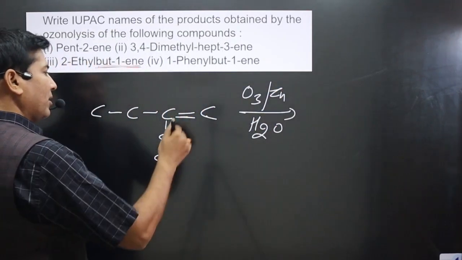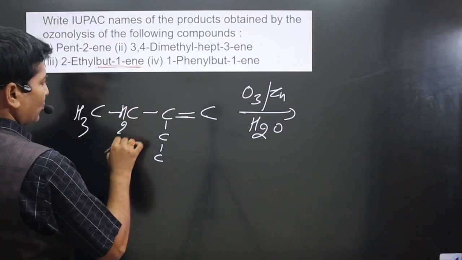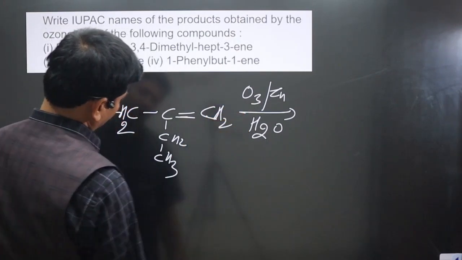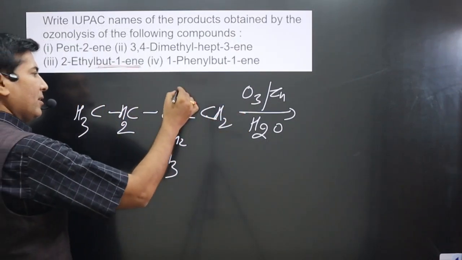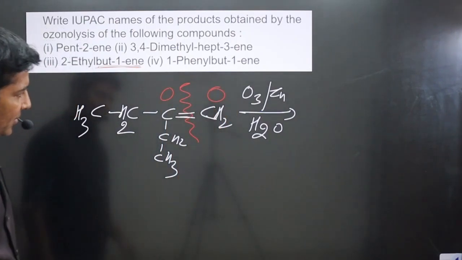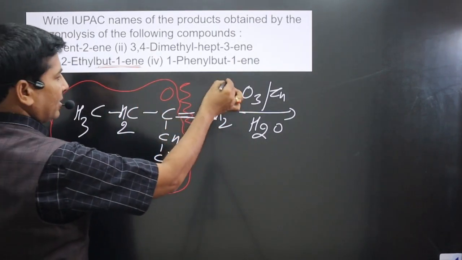Look at the double bond, satisfy the valency of carbon by attaching hydrogen: this is H3, this is H2, and this is H2, it is H3, and here we have H2. Break this double bond, attach oxygen, here also attach oxygen. Write this product, this is one product we got, this is another product.